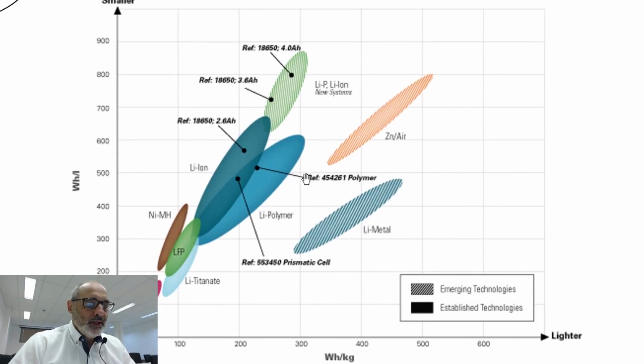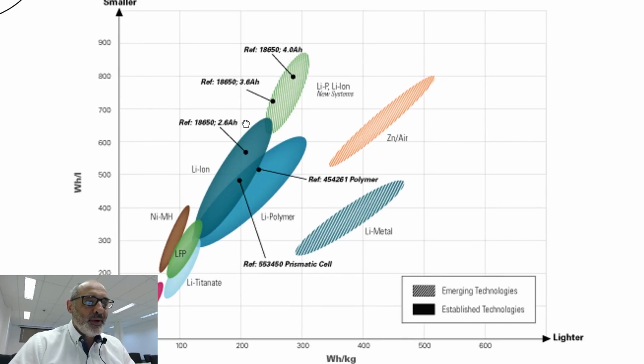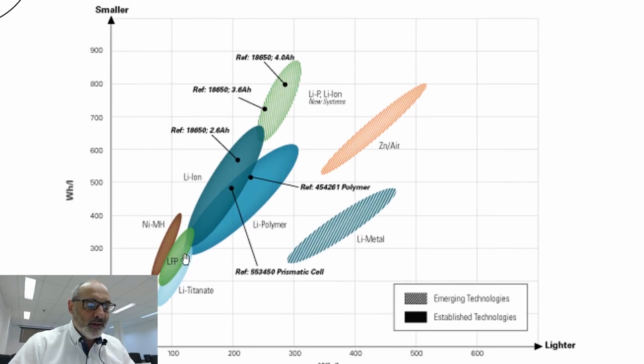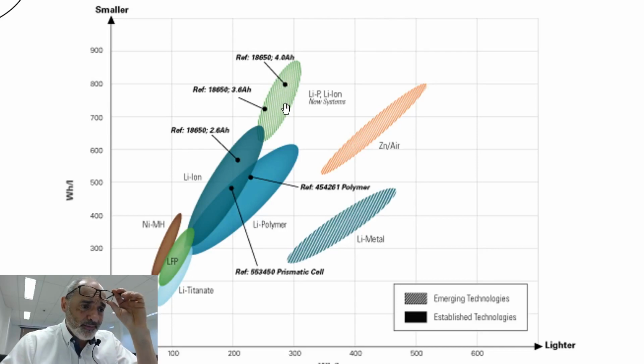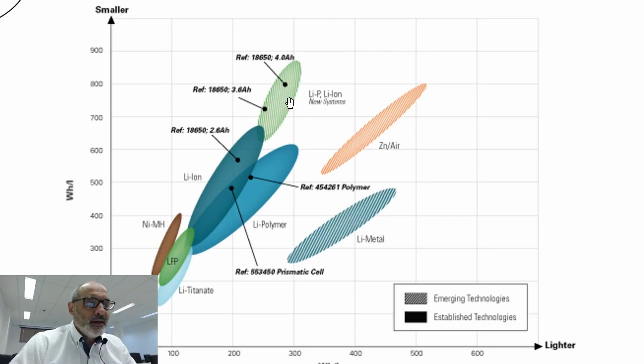So you see that different technologies, different batteries, have different behavior in this envelope. The most common ones are lithium ions. And in this case, it's better to be smaller and lighter.